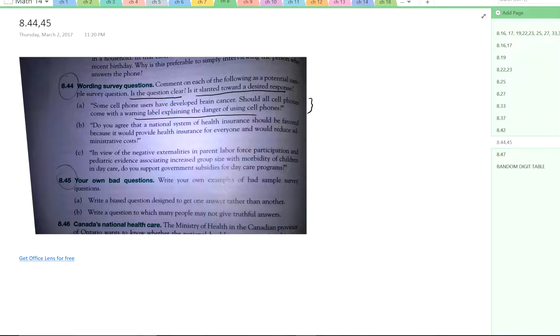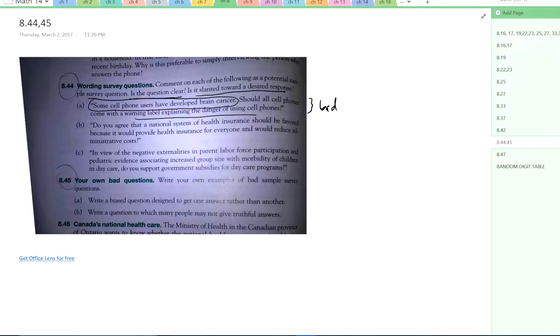What if you said, I mean, you could say this: some cell phone users haven't developed brain cancer. That's a true statement also. So certainly making that true statement is trying to slant the result of the question one way or the other. Okay, bad question. They want you to answer in the affirmative.